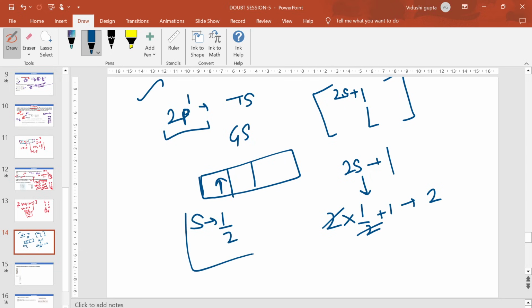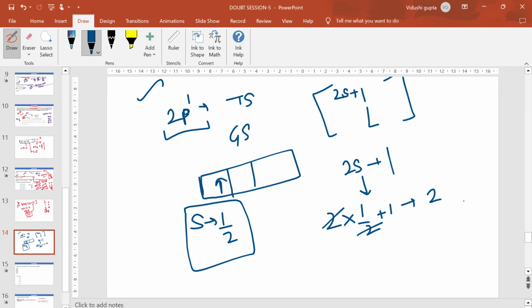S is spin. If you have one electron, it's half. If it is paired, then it is 0 because half and minus half cancel out. So 2S plus 1 is clear.